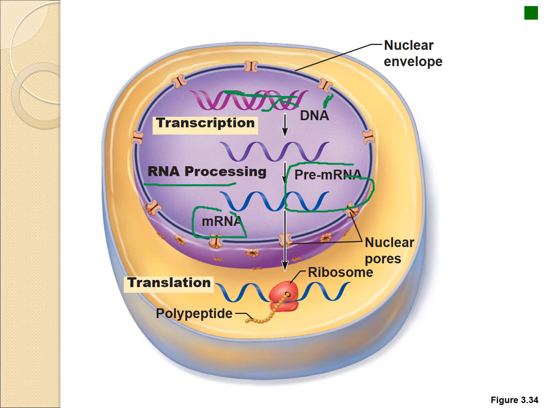The mRNA then physically leaves the nucleus through these openings, and it's chaperoned, and then it interacts with this thing called a ribosome. The ribosome is a giant complex made up of proteins and RNA, and its job is to manufacture the protein using the messenger RNA information.